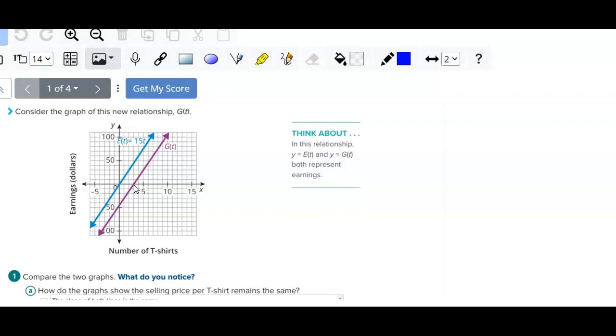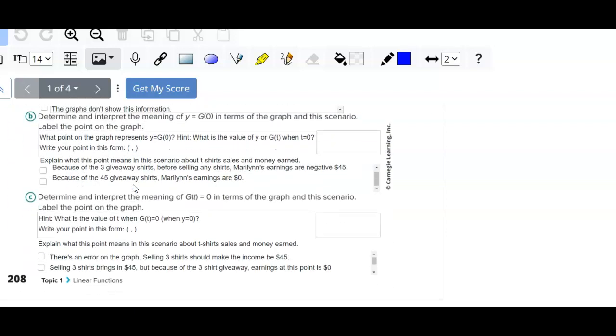And remember, t is our input, so t and x mean the same thing in this situation. So what's the value of t or x right here? And that is the number you're going to put here, but you're going to put it as a point, okay?